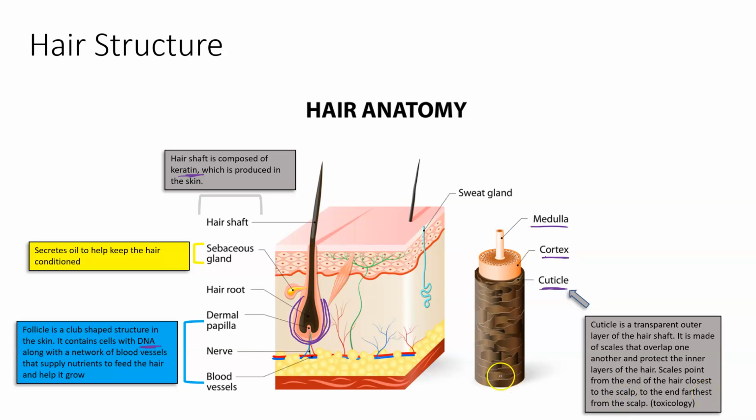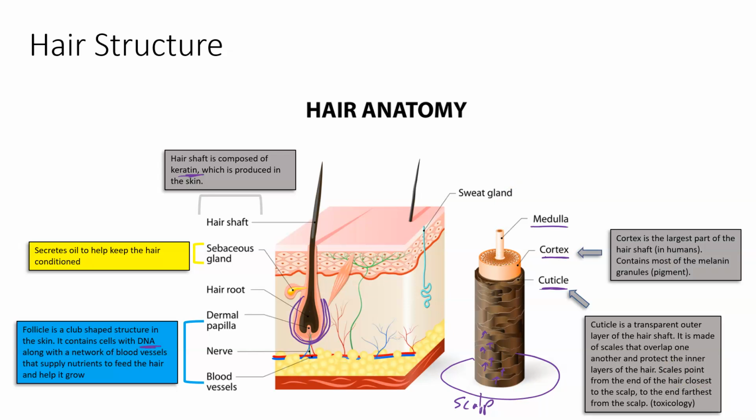So you can see that all of these scales, and it's kind of hard to tell in this, you'll look in class through a microscope at hairs, and so I think it'll make more sense, but they overlap this way, and it acts like shingles on a roof. And so if they continually overlap this way, from this being the scalp, your head or the skin, and going out this way towards the end of the hair, they're overlapping this way, not back in towards the follicle.